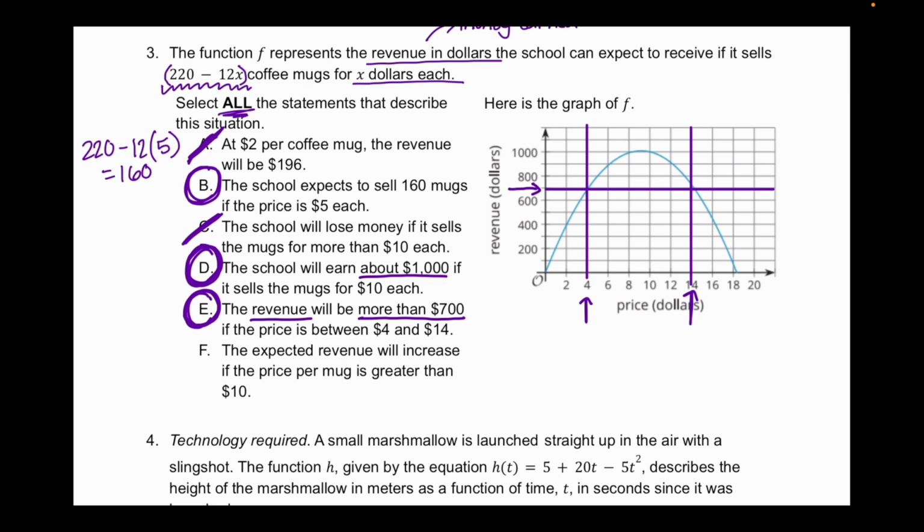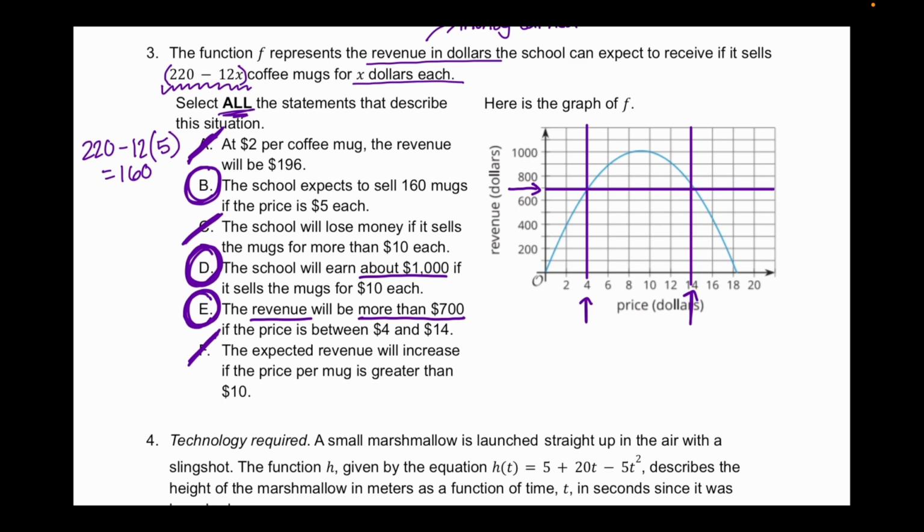After $10, the price is going to go down and the revenue would decrease, but they're not necessarily losing money. But since this says increase, we are going to say no, that is not an answer. If they said decrease, that would be more accurate. So the correct answers here for this one are B, D, and E.